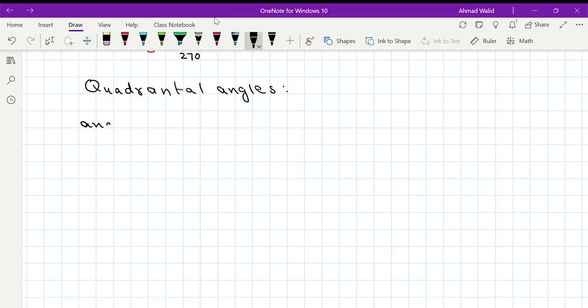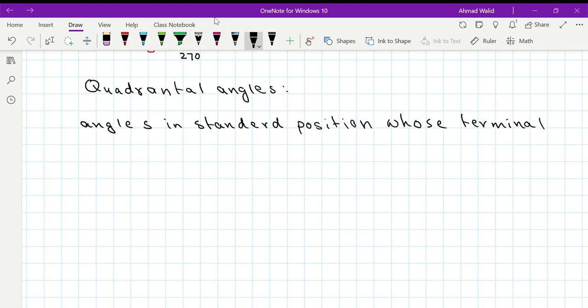Angles in a standard position whose terminal side lies on the x-axis or y-axis, we call quadrantal angles.